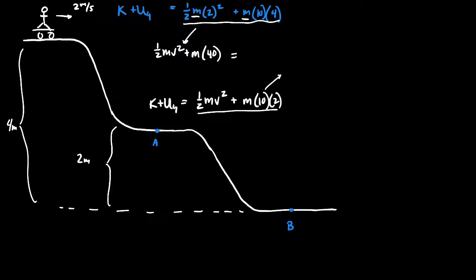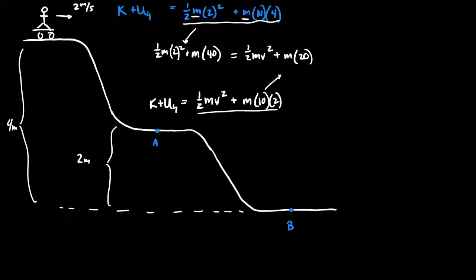I can go ahead and put 2 or 4 squared in there. Sorry, 1/2 m times 2 squared plus m times 40 equals 1/2 mv squared plus m times 20. The energies have to be equal.